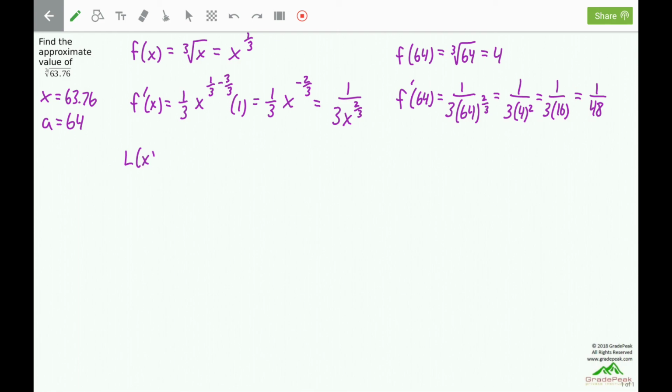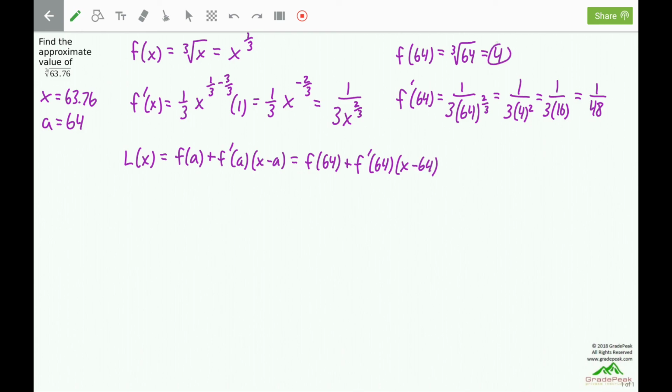The formula for the linear approximation is f of a plus f prime of a times x minus a. For this problem, a is a 64, so this will be f of 64 plus f prime of 64 times x minus 64.